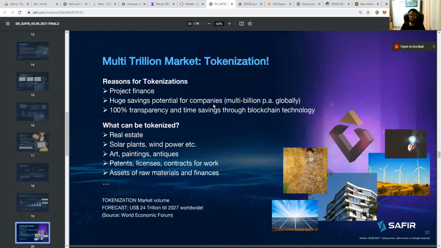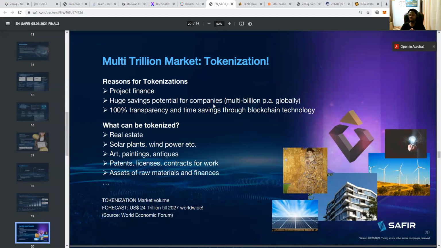Why are we saying that this market valuation is huge? Because this market does not only involve project financing. It does not also have potential for huge companies with savings. Of course, it has transparency, but the most of it is that it incorporates almost all big firms.